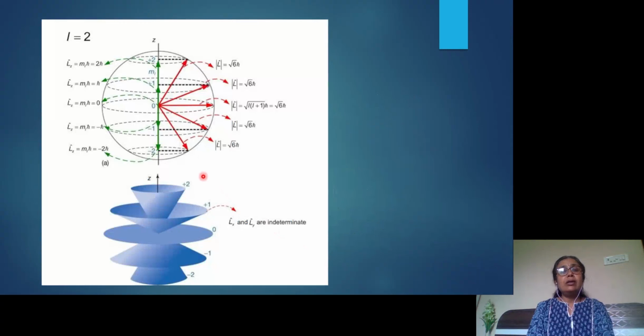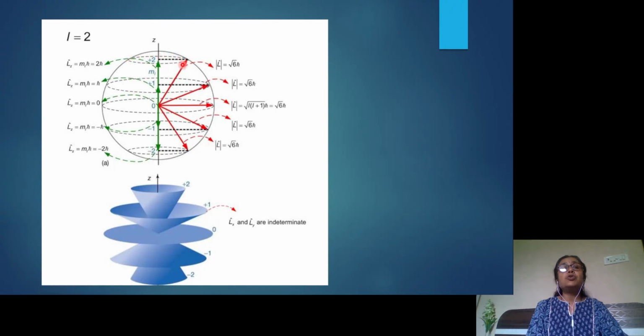This is depicted in the diagram. Again, we are considering the same case where the electron is in p state. We can see here in 3 dimension how it will look like if the L bar vector is precessing around the direction of the applied magnetic field.